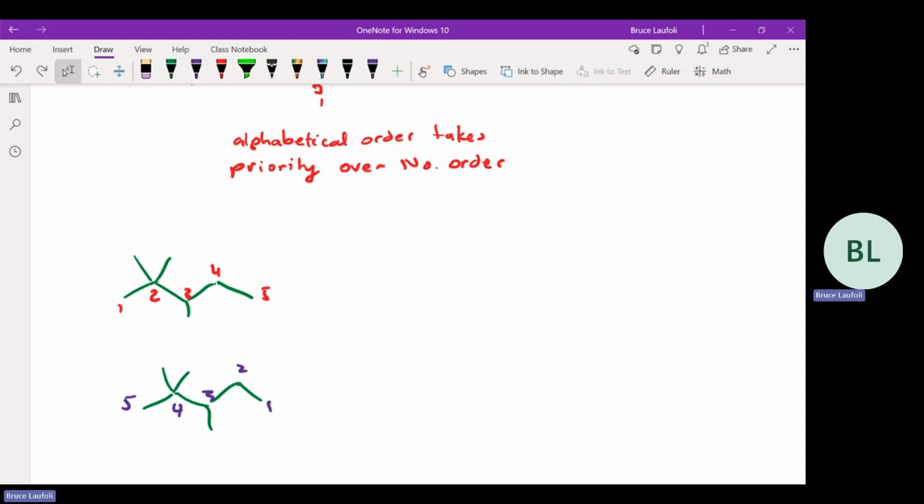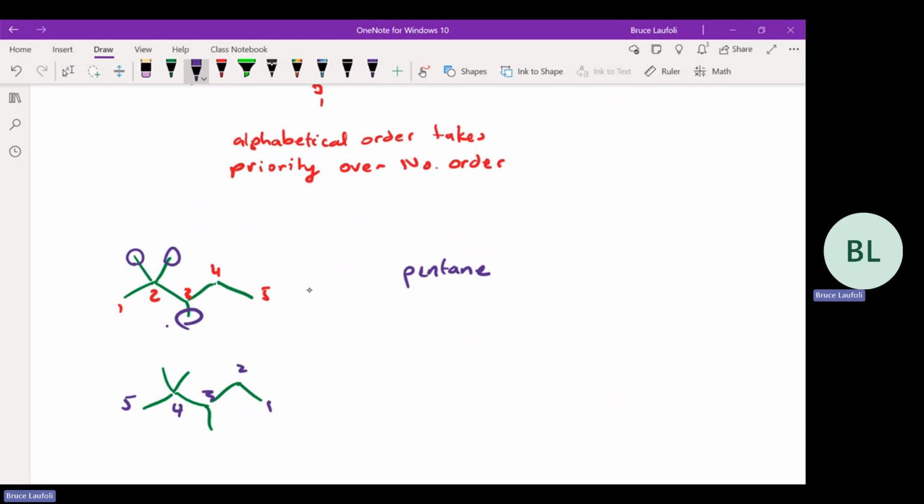So when we're doing this one, the largest chain is 5, so that's pentane. And then we can see that we have two methyl groups on number 2, and we have another methyl group on number 3.